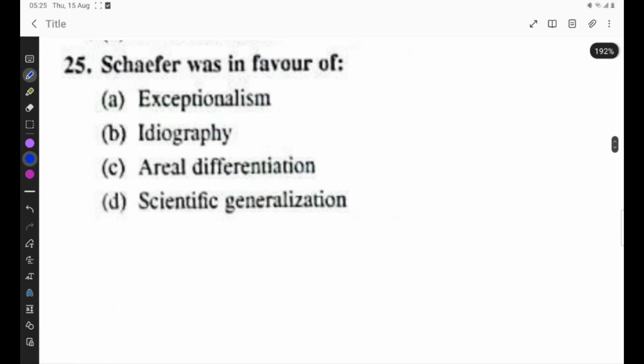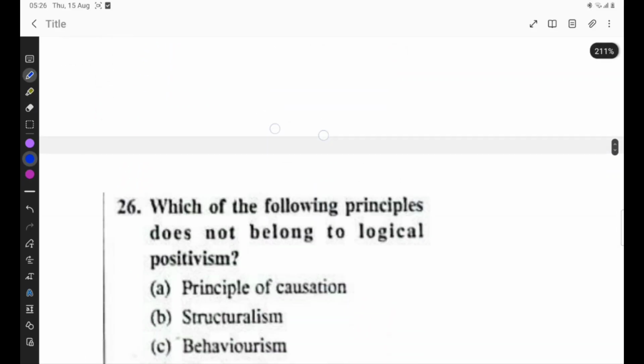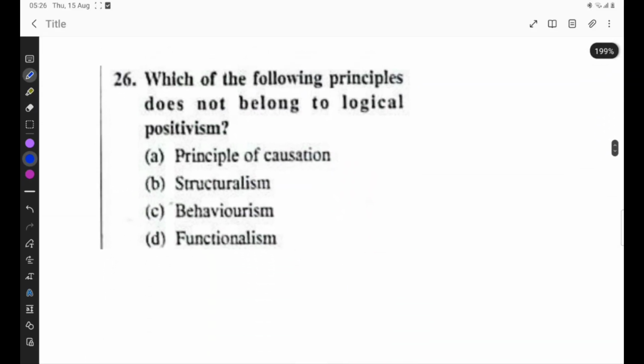Question number 25. Schaeffer was in favor of exceptionalism or ideography, areal differentiation, or scientific generalization. So the right answer is scientific generalization. The next question says, which of the following principles does not belong to logical positivism?